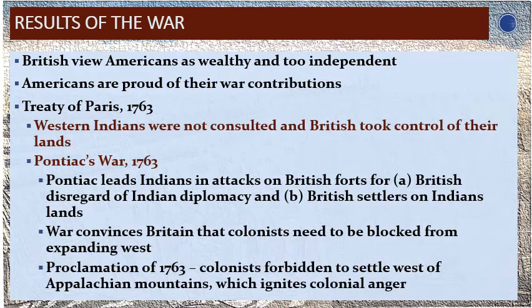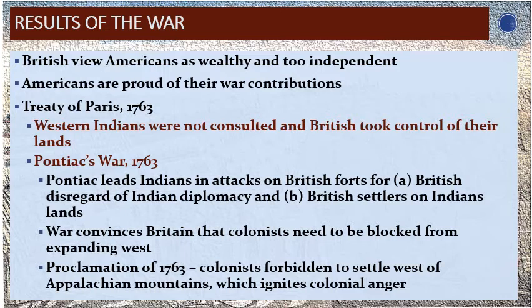The British response to all of this is to decide that white American colonists cannot be allowed to move past the Appalachian Mountains. So they pass a proclamation of 1763, the British do, and it tells colonists, you cannot set foot beyond the Appalachian Mountains. And now the colonists are suddenly being denied all of this land that they won in a war.